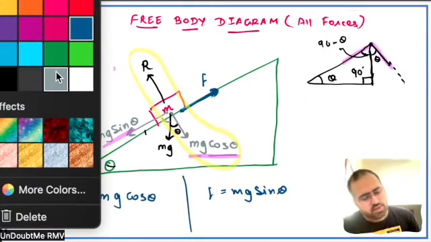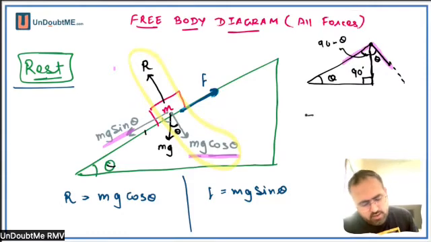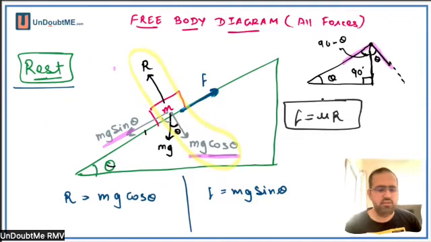Now force of friction is usually written as mu R. What is this mu? We will discuss a bit about this as well, and then we'll move on to our next case.